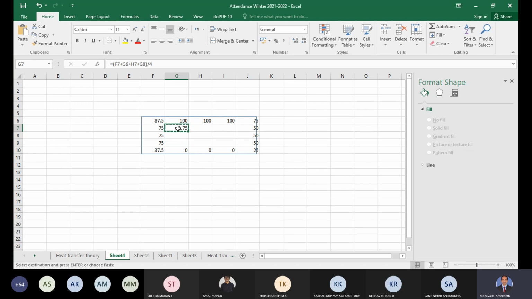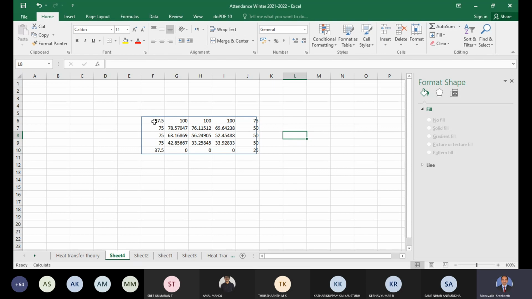Now I'll copy this formula in the entire domain where the temperatures are not known. Now you see these are the calculations done. Now remember these are iteratively calculated. So this is the temperature distribution. We have basically solved 9 equations, but in a fraction of a second the software has solved them.